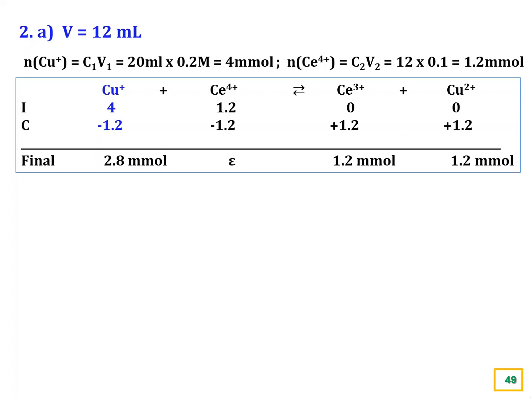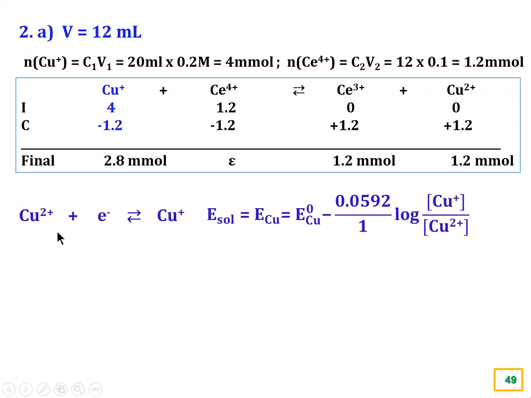And we know that when the reaction reaches equilibrium, E of the reaction equals 0 and E of the couples are equal. So we write E of the solution equal to E of the couple Cu, or equal to E of the couple of cerium 4+. So it is E0 of Cu minus 0.0592 divided by 1 log of Cu+ divided by Cu2+.